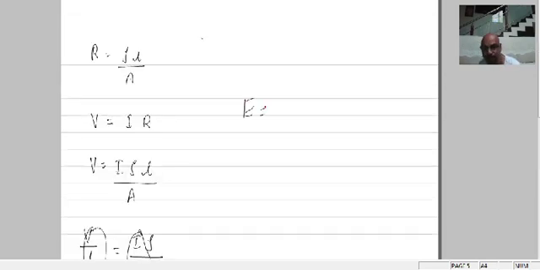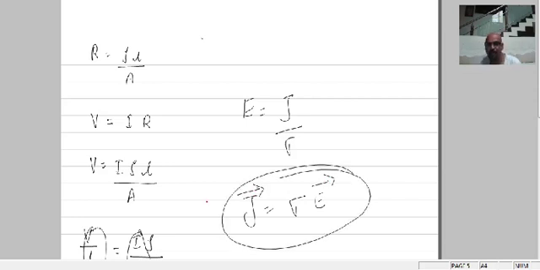If you write rho is equal to 1 by sigma, then E is equal to J divided by sigma. Or J is equal to sigma into E. J is current density, E is electric field intensity. Both are vectors. Sigma is not a vector. J is equal to sigma E.